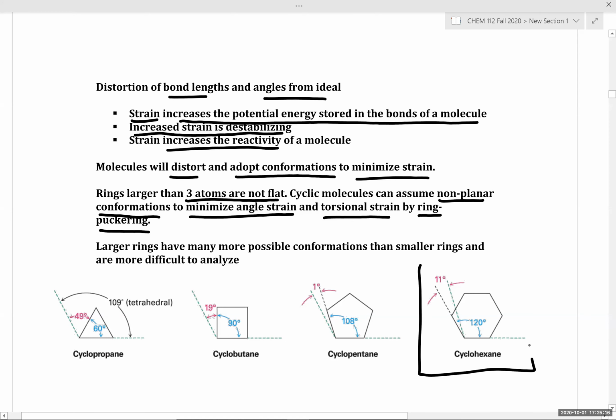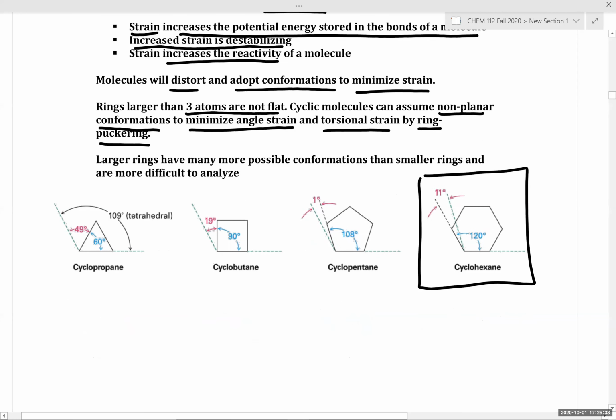We'll be focusing a lot on cyclohexane ring systems as they're prevalent in many organic molecules, and understanding their different conformations can help us understand patterns of reactivity and stereochemical preferences for these cyclohexane systems in chemical reactions.